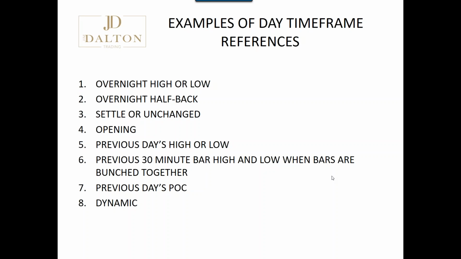So sometimes you'll see 3 or 4 30-minute bars all within a tick of each other. When that happens, that's a sign of where the day time frame is bunching up together. That is always subject to a lot of stops there being taken out earlier. We're always looking at the previous day's high and low.